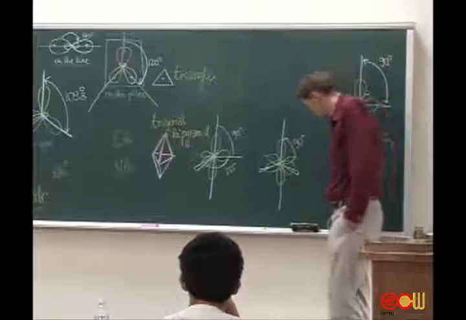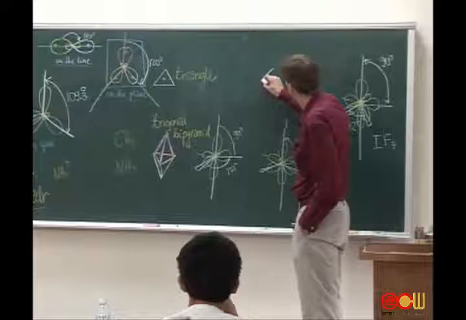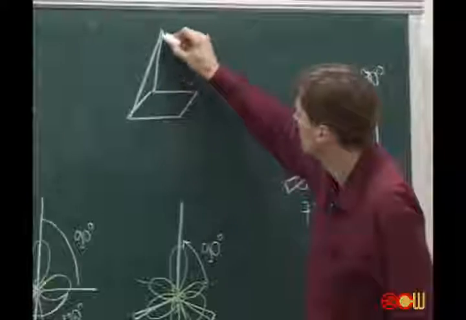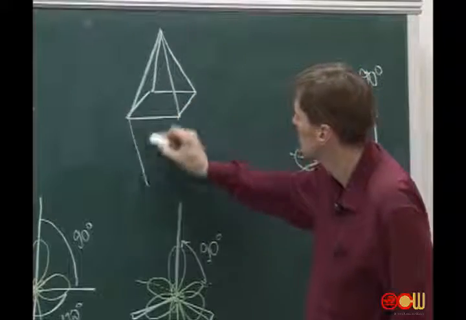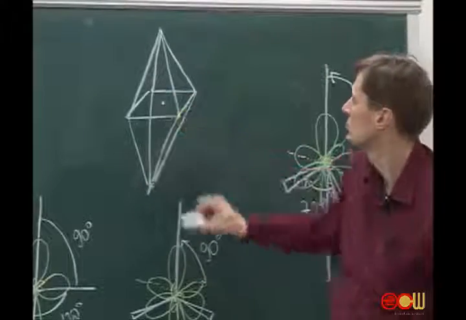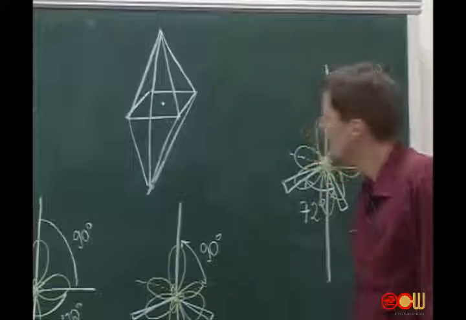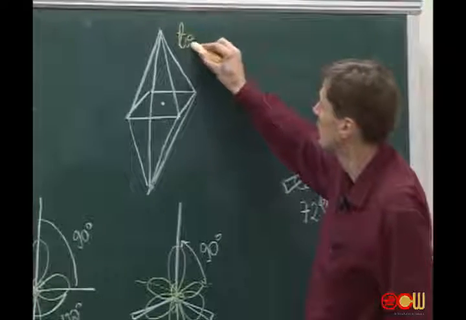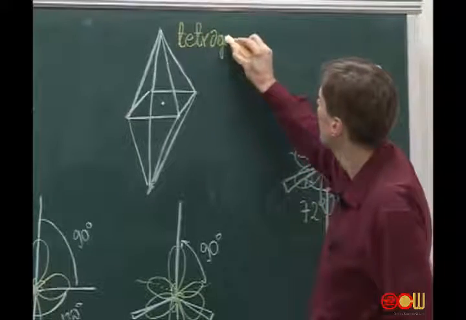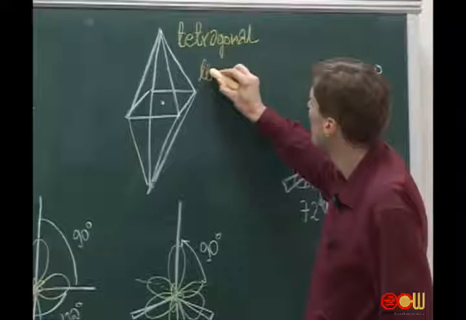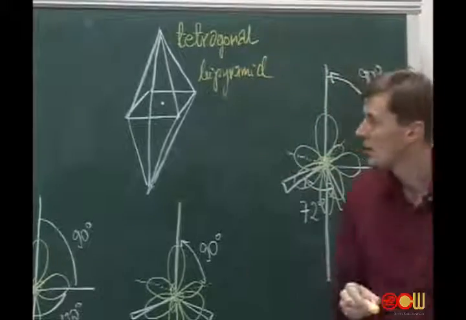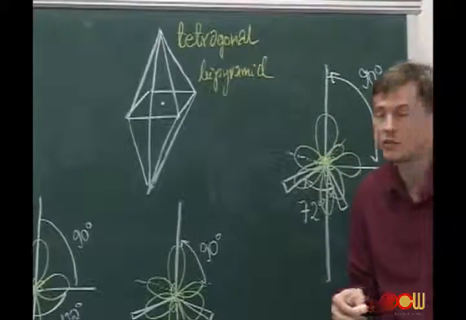This one looks like, people usually call it tetragonal bipyramid. But the usual name for this is octahedron.